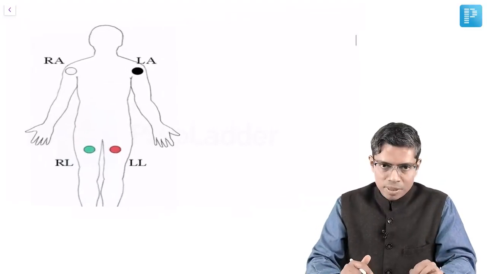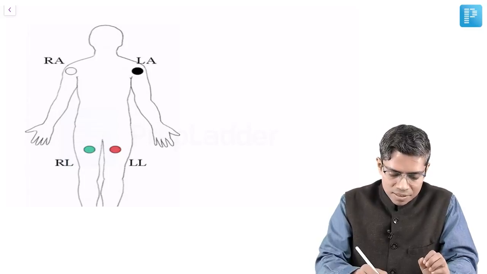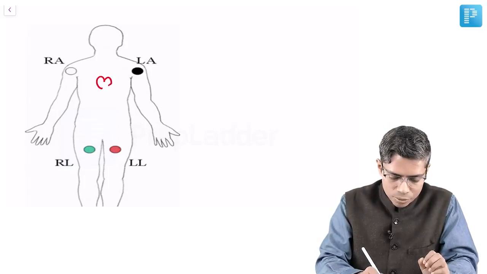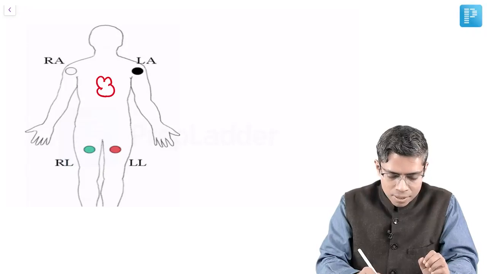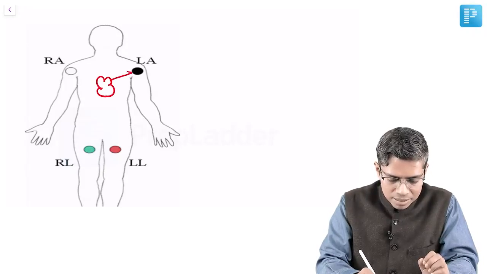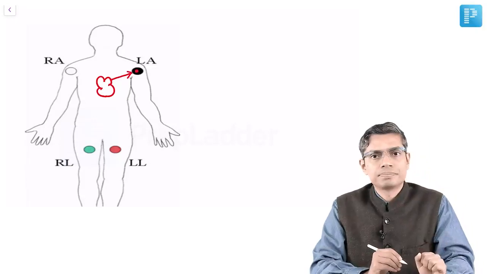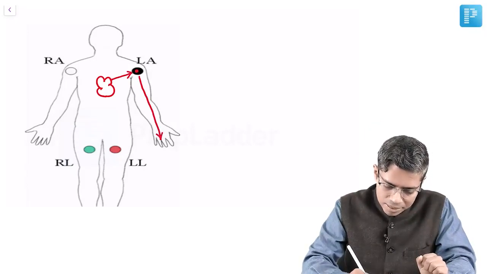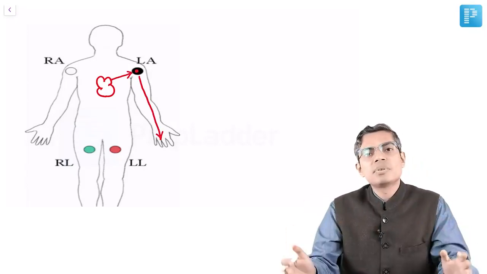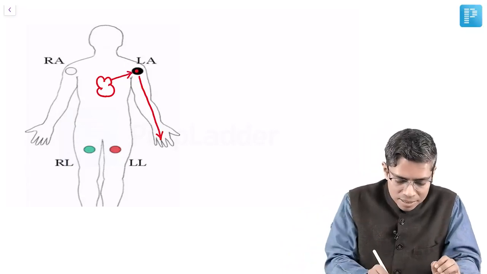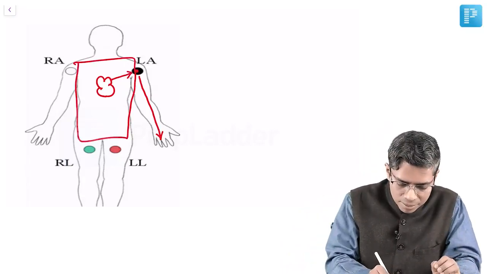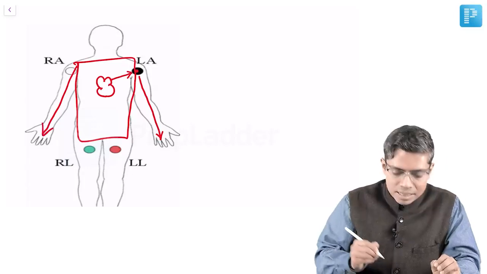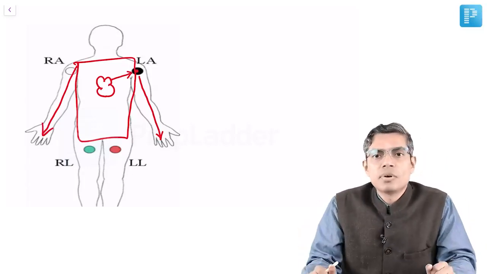I told you that the human body is a very good conductor of electricity, and it is known as a volume conductor. So the heart is located here, and it is generating some current. That current is reaching the left acromion region, suppose. Now this arm is nothing but an extension from a volume conductor.